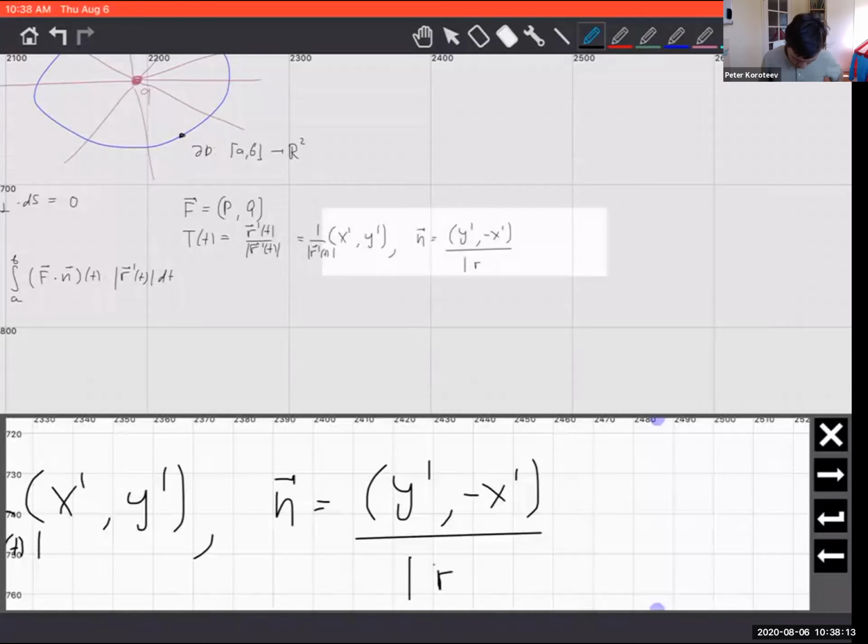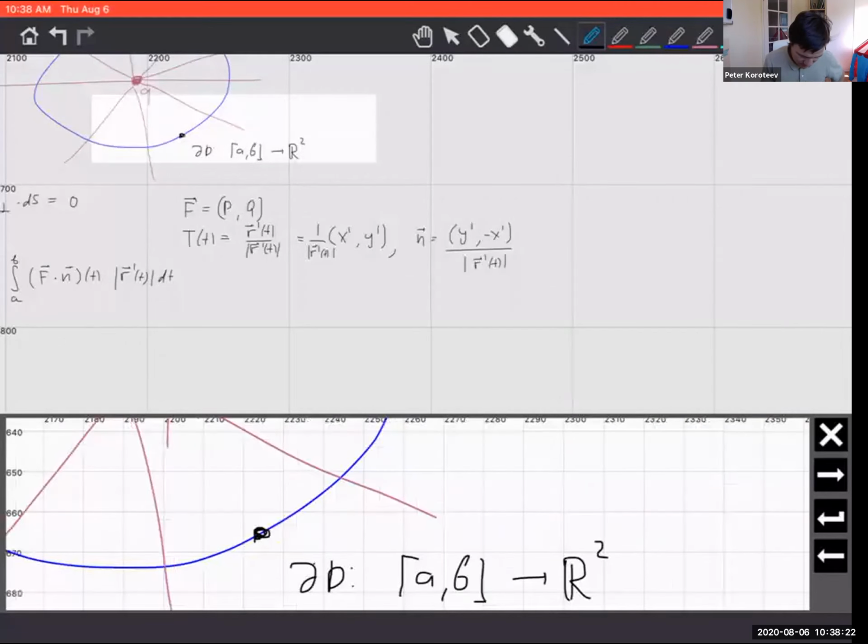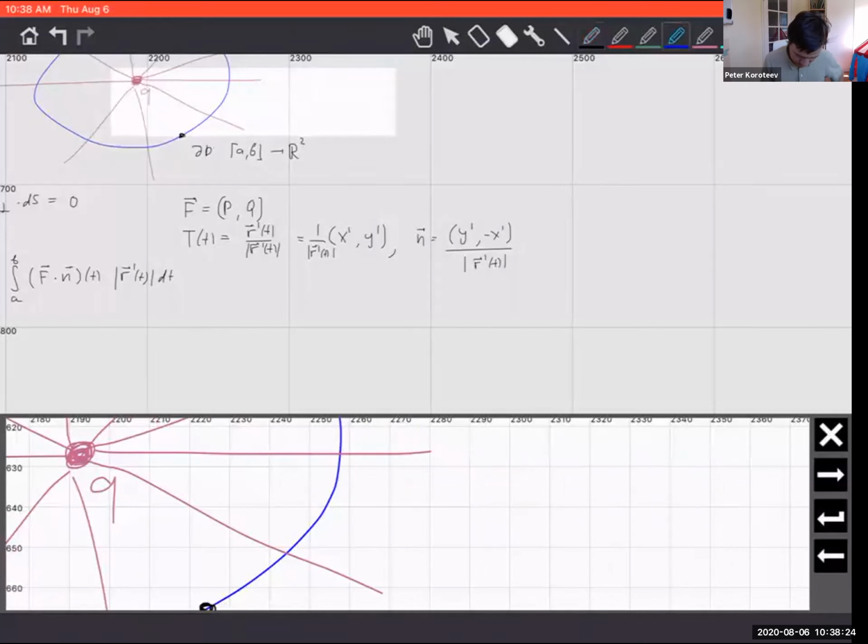So that's the normal vector. If you forgot, let's draw the picture again. We have the tangent vector here, and then the normal vector there.